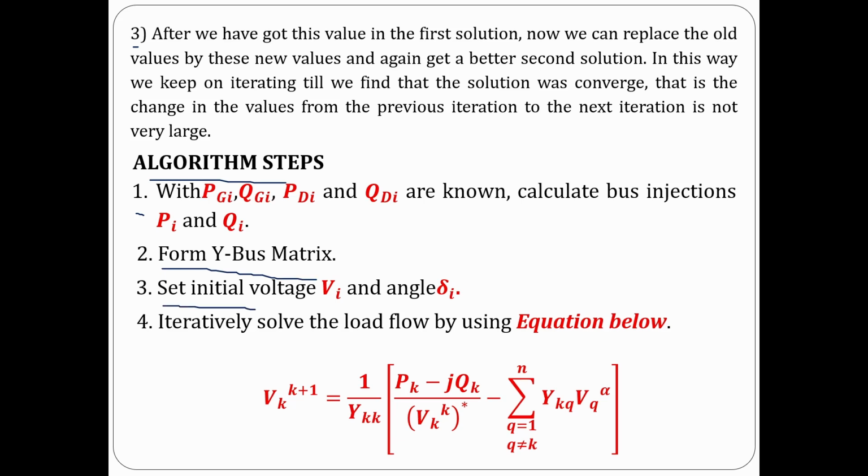Number 4, iteratively solve the load flow by using this equation, where Vk at iteration k plus 1 is equal to 1 over Ykk times Pk minus jQk over Vk at iteration k conjugate, minus the summation from q equals 1 up to n of Ykq Vq, where q is not equal to k.